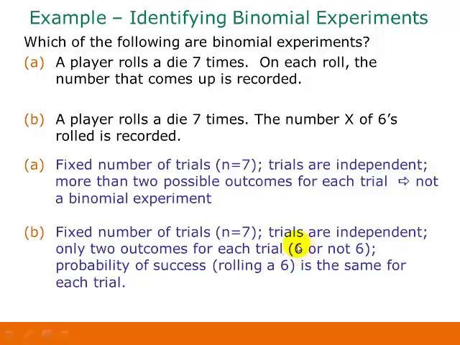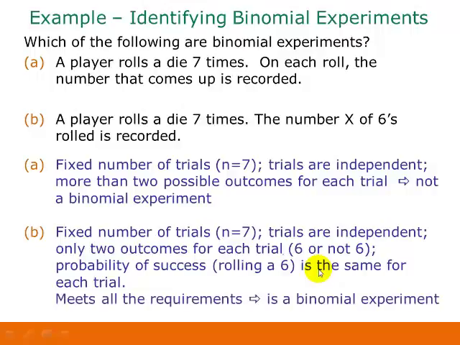So our 2 outcomes are either 6 or not 6. So we're meeting that requirement. And finally, the probability of success, if we define success as rolling a 6, is going to be the same for each trial. On each roll of the die, the probability of getting a 6 is going to be 1/6. So this one does meet all the requirements and is a binomial experiment.